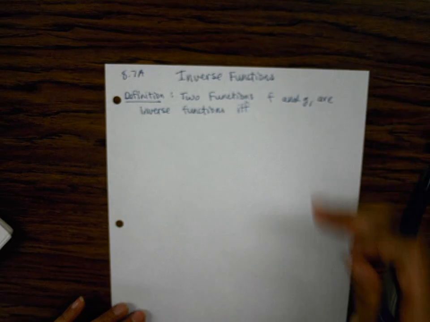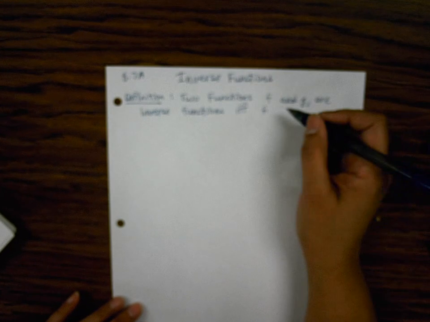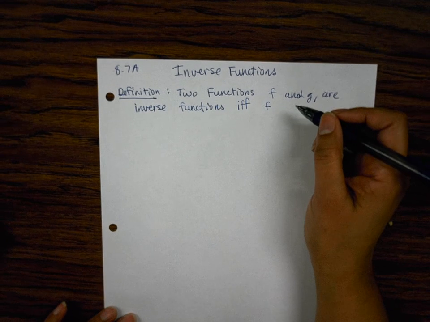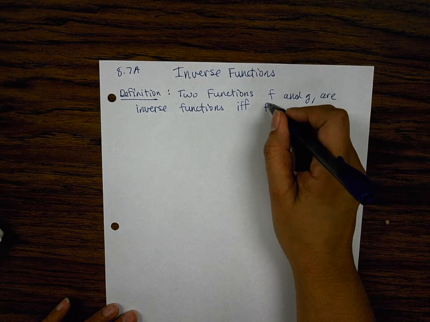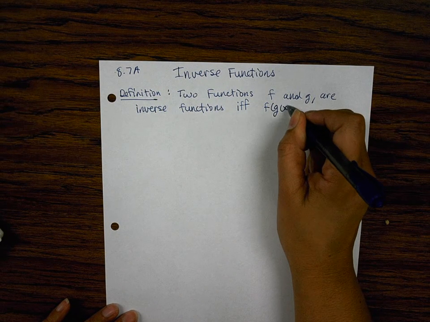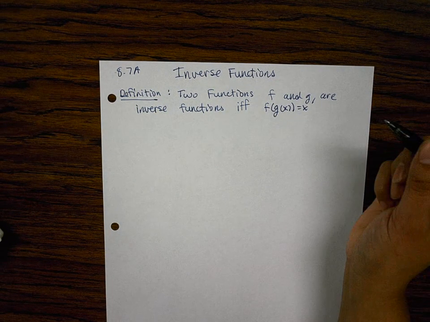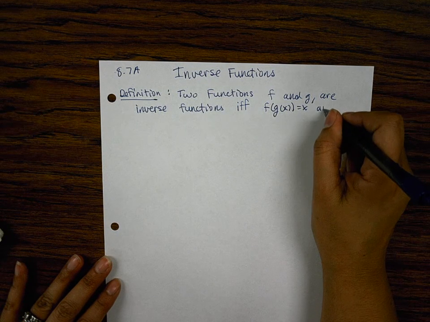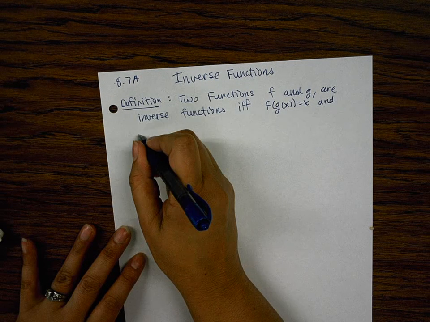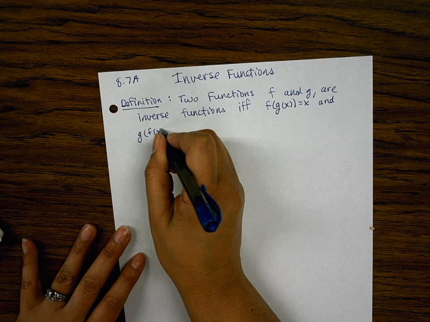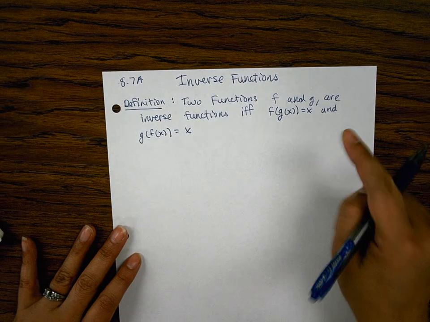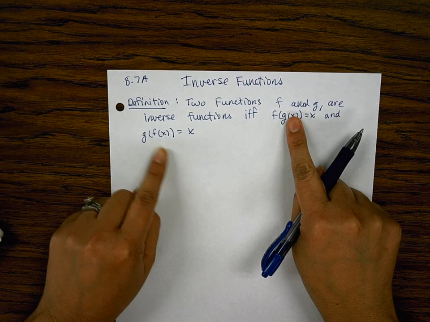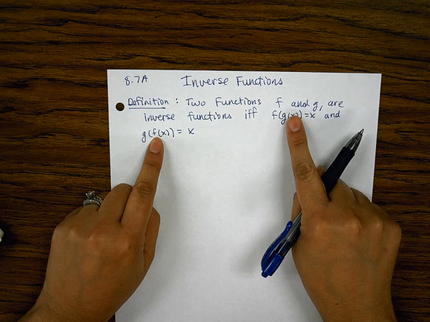Two functions f and g are inverse functions if and only if f of g of x equals x and g of f of x also equals x.